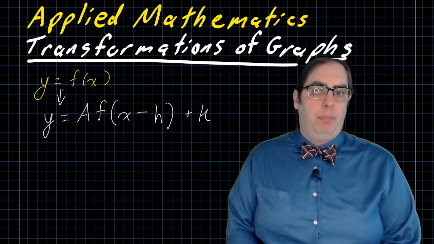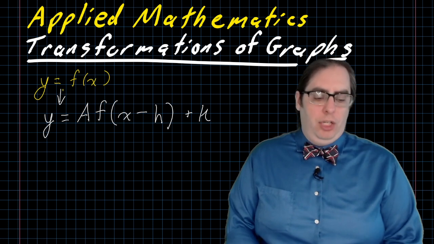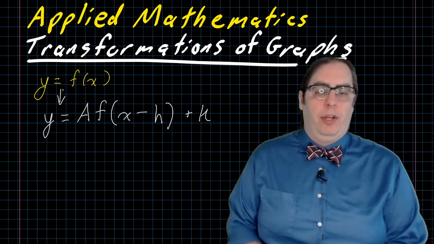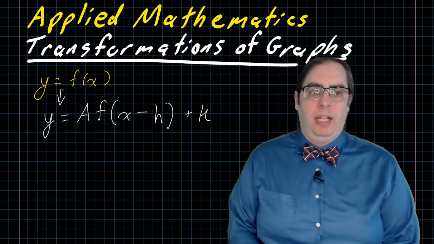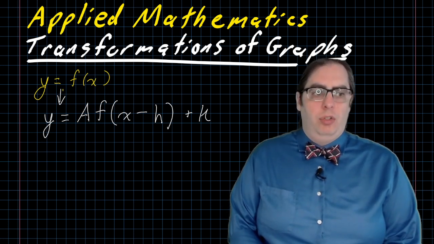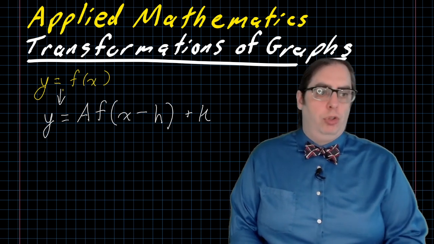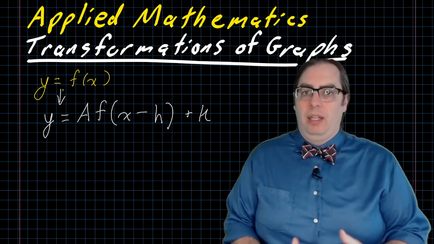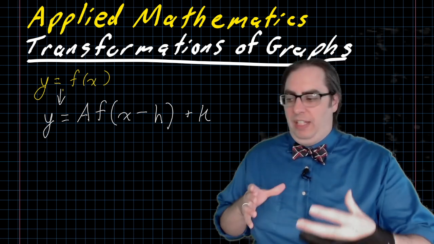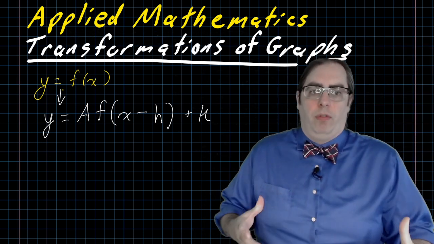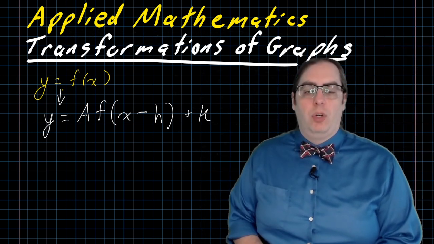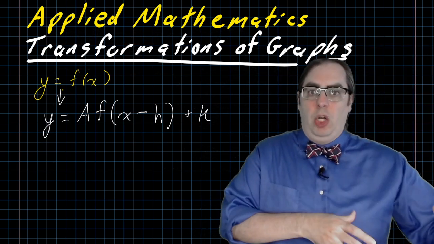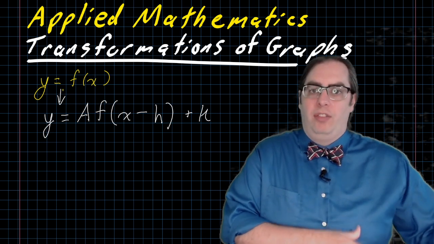If you have a computer controlled mill and you have a block that you're trying to mill out, a particular framework that you're trying to mill out, and you want not just one of them, but 2 or 3 or 4, you need to be able to figure out what the other pieces are doing given the first one. So you have to take the graphical representation of the function that describes the first figure, and translate it over to an empty space so that you can cut out a second one.